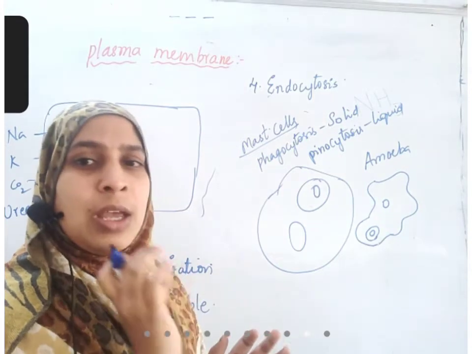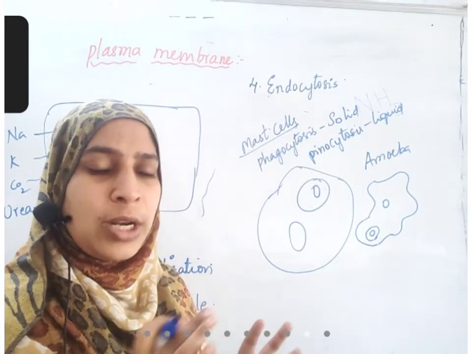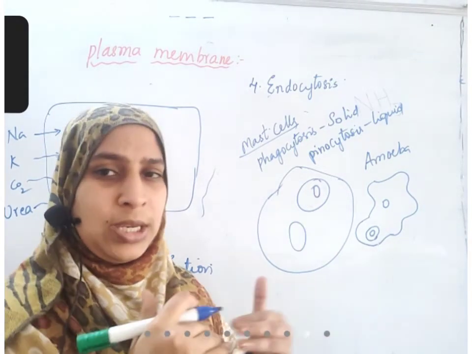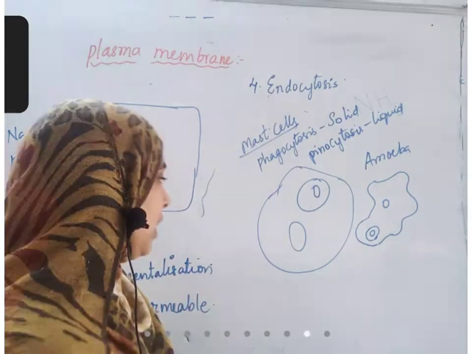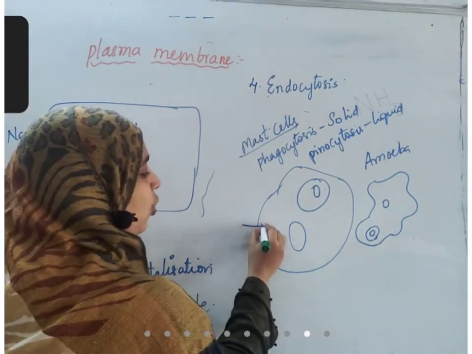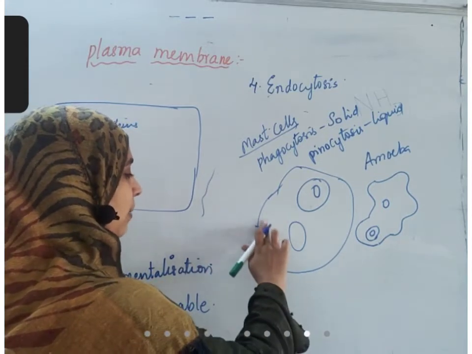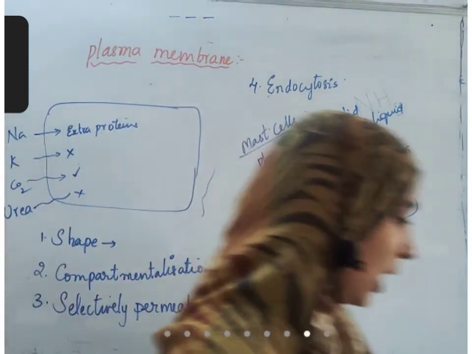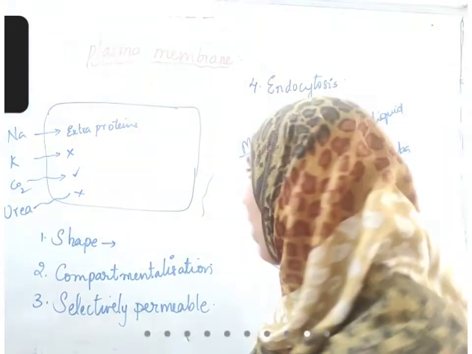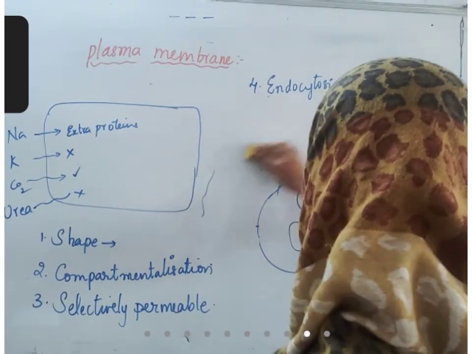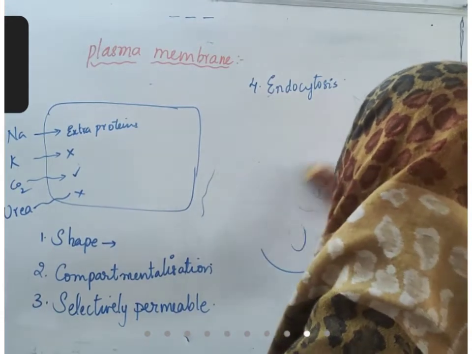There is one small drop of water, and the total drop of water is taken inside at once. In case of osmosis, slowly one water molecule will move through the plasma membrane. That is not happening here. So endocytosis includes both phagocytosis as well as pinocytosis.